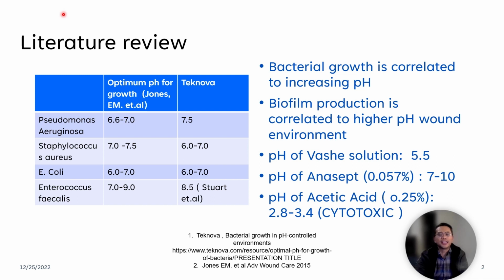Someone would argue that since the pH of this solution is very low at 2.8 to 3.4, wouldn't it be an appropriate antimicrobial that we should use frequently on the basis of dropping the pH of the wound, especially if the wound is stuck in the chronic inflammatory phase of healing?